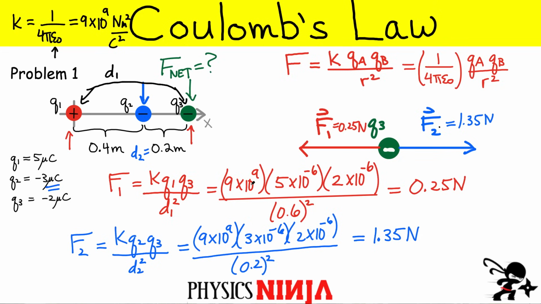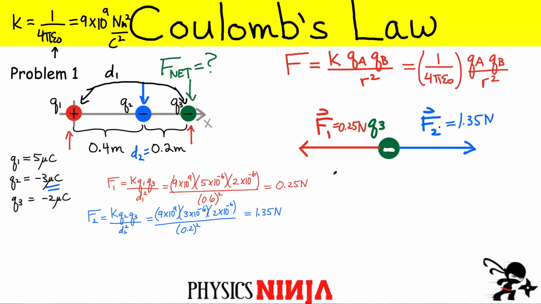All you have to do now is find what is the net force. You can tell just by looking at this that the net force is going to have to point to the right-hand side. All right, again, my goal was to find F net. The definition of F net as a vector means you have to add up all of the forces acting on the charge. In this case, I have 2 of them.